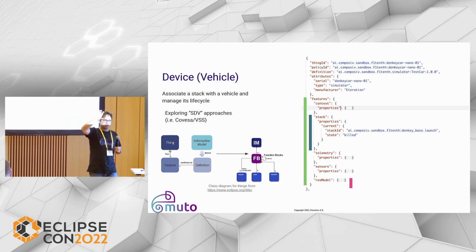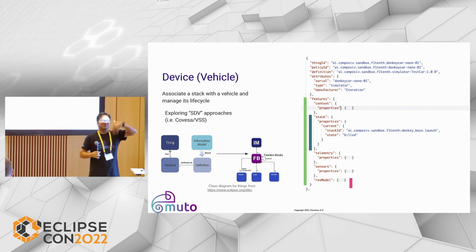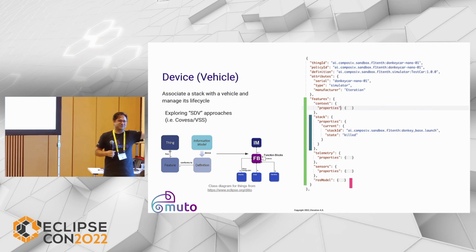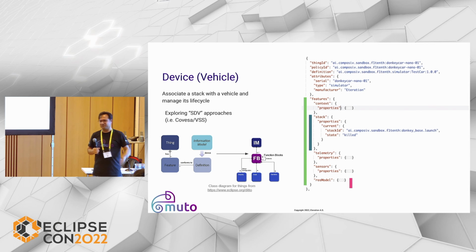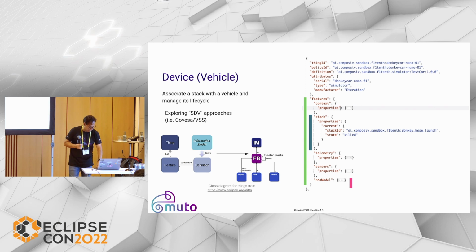But what Muto adds to the digital twin is a section about the stack that it uses. And also, if you add some telemetry features, for example, it will store them with the vehicle definition so that every time you spin up that vehicle, your telemetry specifications are there so you can start and stop them and push them onto a synchronous engine.